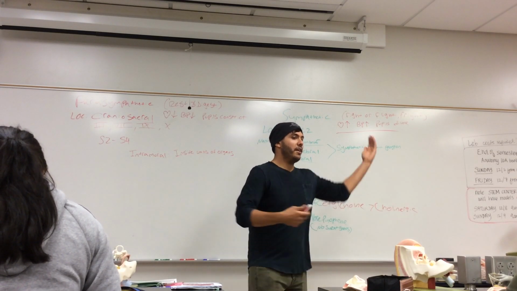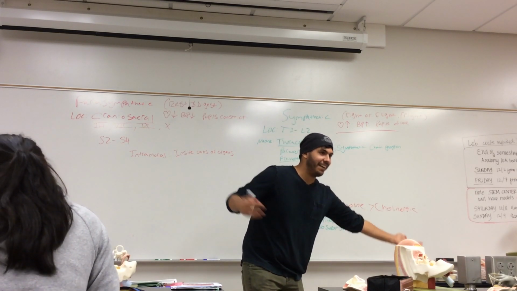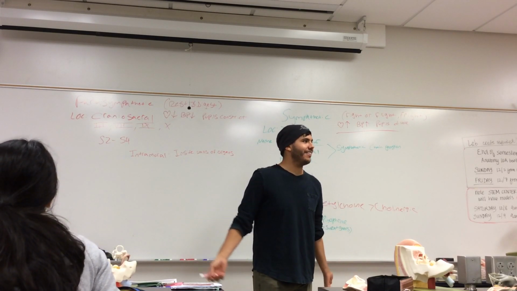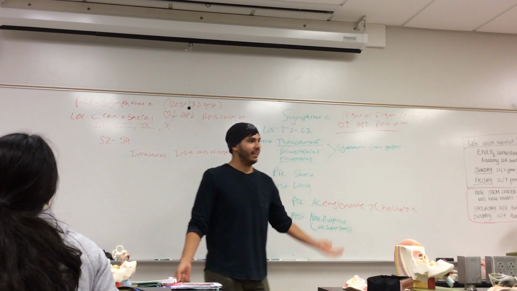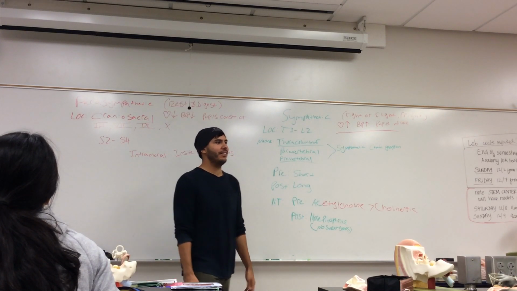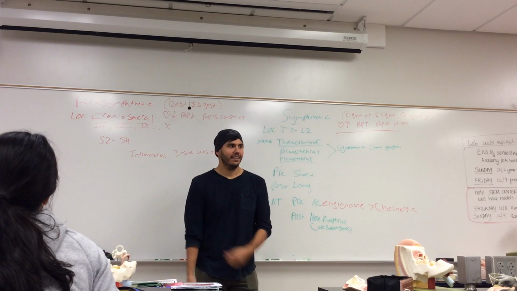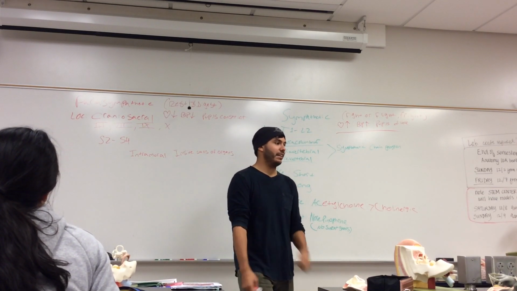What did I say effectors are, guys? What's an effector? Skeletal muscle is an example of one effector. What's another one? Smooth muscle, cardiac muscle, gland, right? Okay, you need to know that. That could be multiple choice.